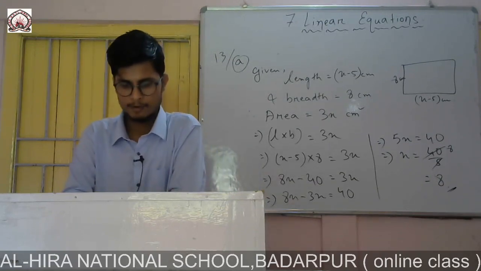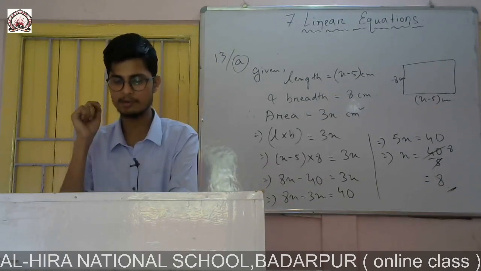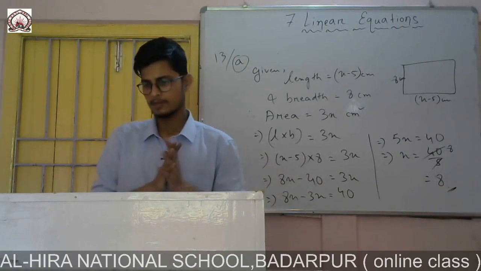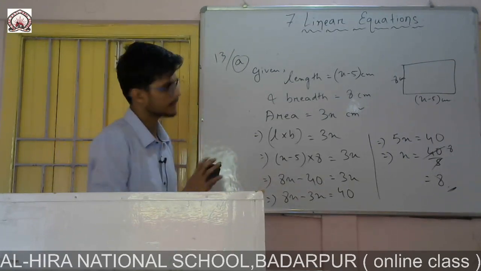So now see question number 14. It is given 4 into x minus 2 meters of a rope is used to fence the rectangular enclosure shown in the figure. Find x. So there is a figure.